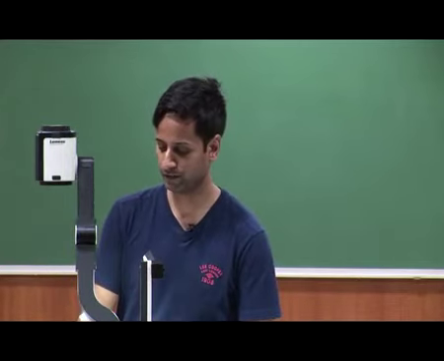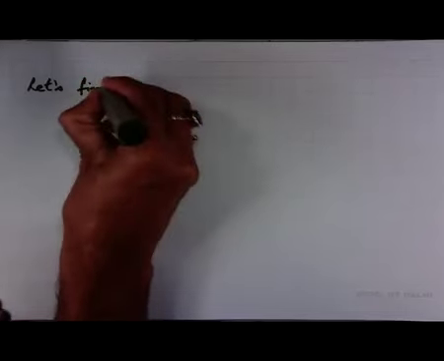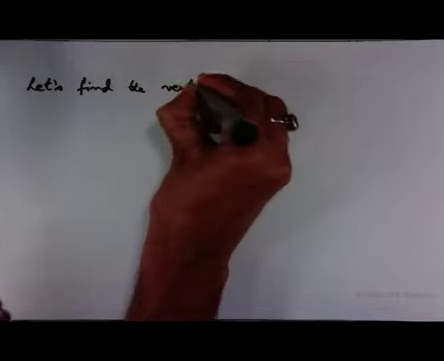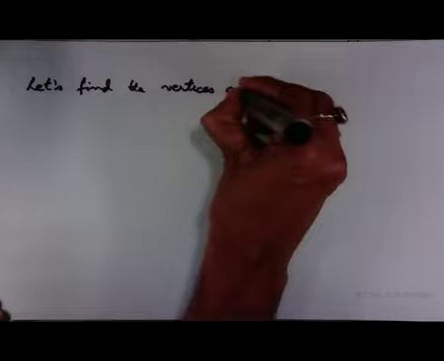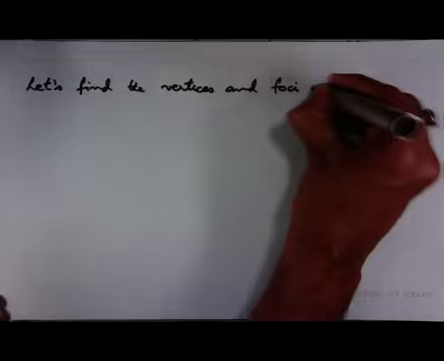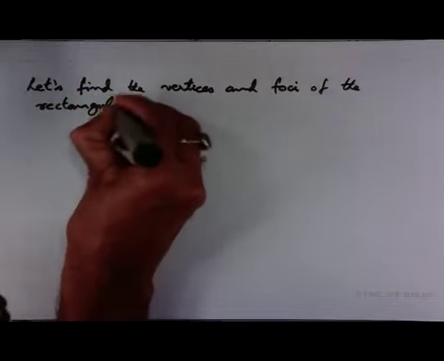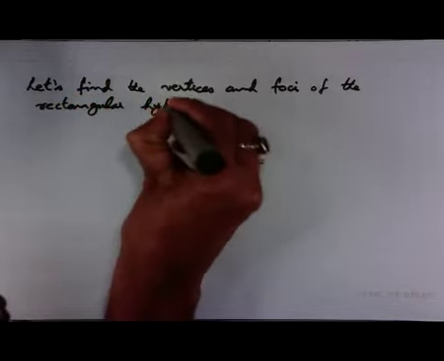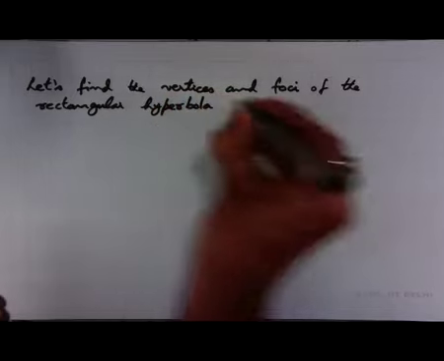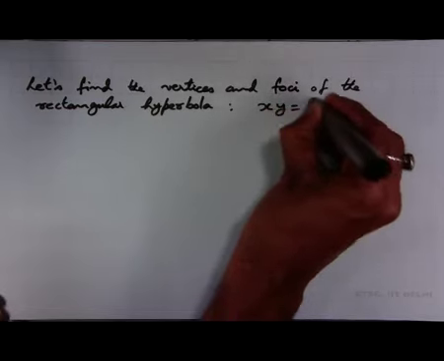So, now let us find the vertices and foci of the rectangular hyperbola x y equal to a square.